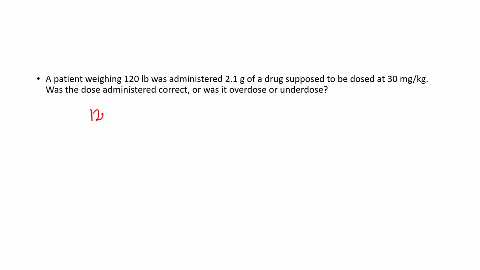So 120 pounds, and it should be dosed at 30 milligrams per kilogram. Let us convert this first into kilogram. So since this will end up in kilogram, 30 milligram per kilogram.